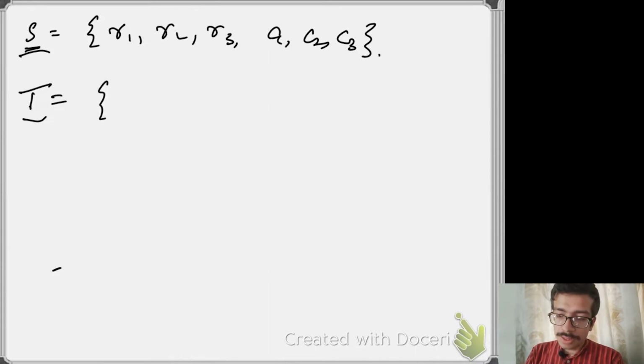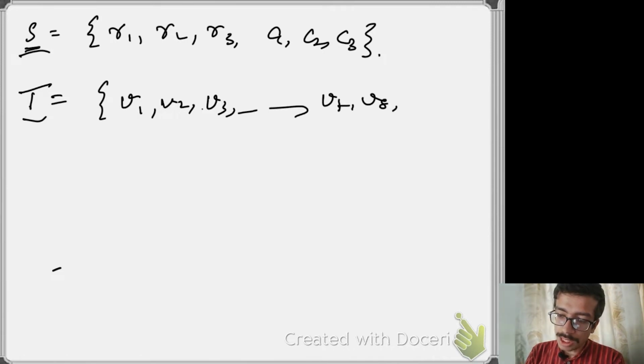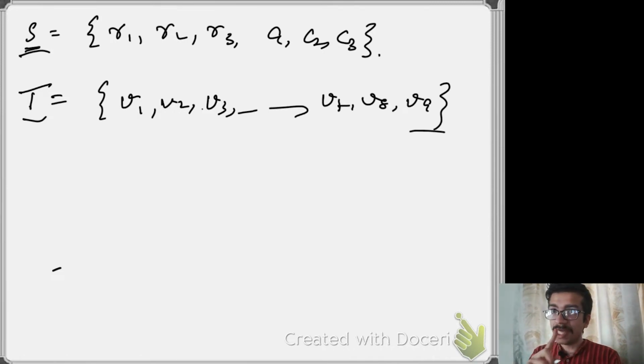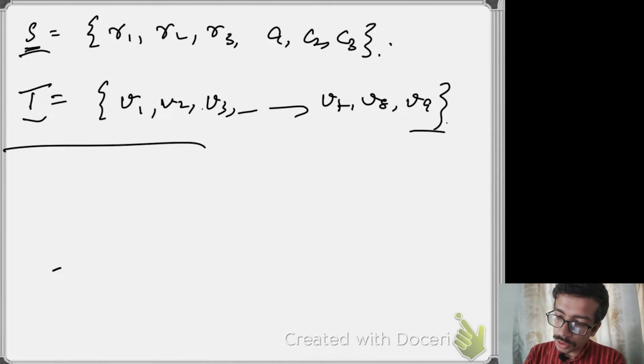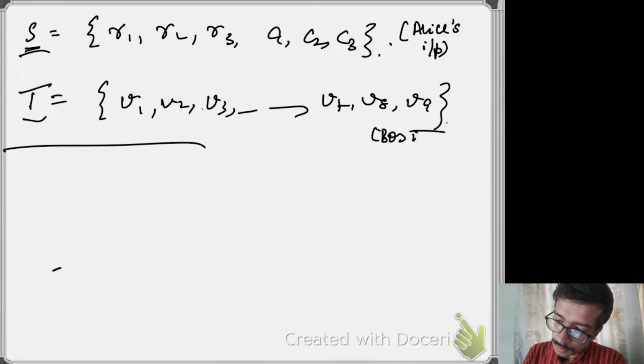The set T will consist of the binary variables, so the variable index essentially: V1, V2, V3 up to V7, V8, V9. So these are just the index of the variable given as input, not the value of the variable.